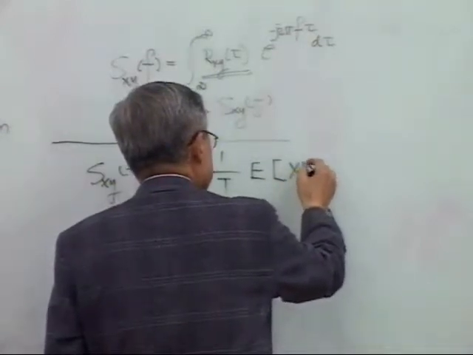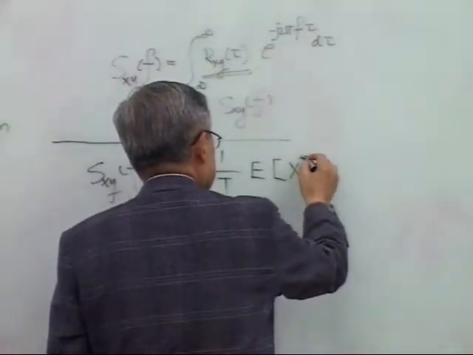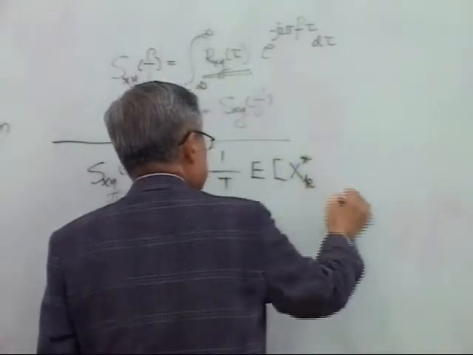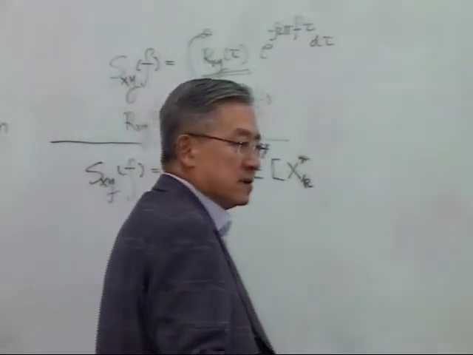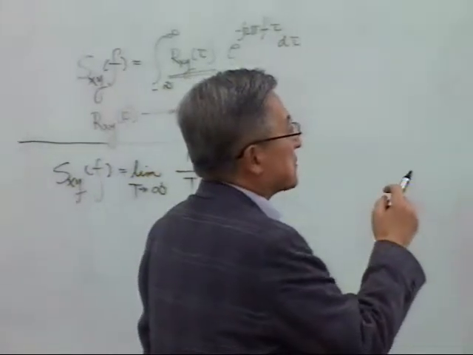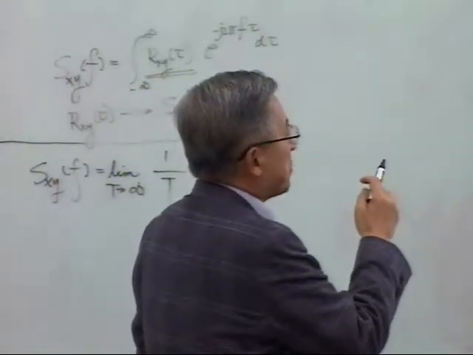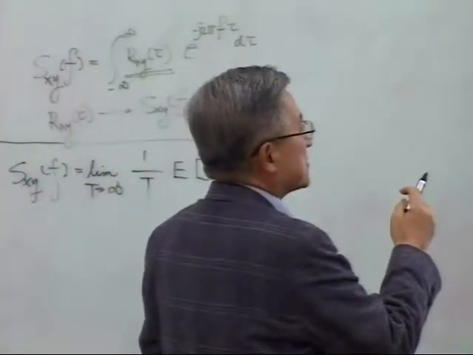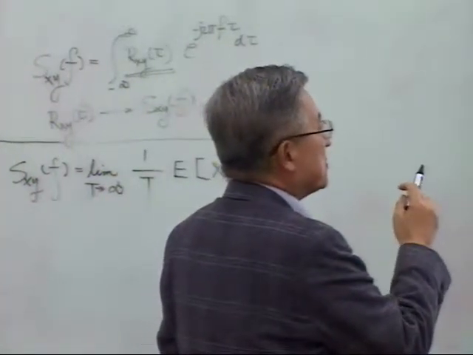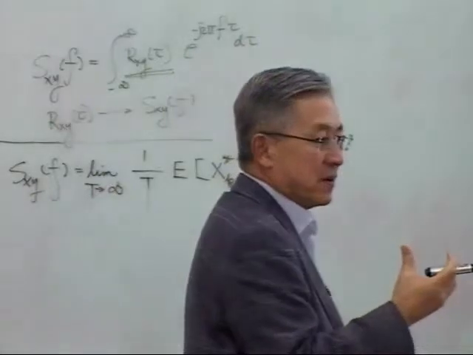And X star, this is K. K is any function, as I indicate there, the pair of associated sample record is a pair.